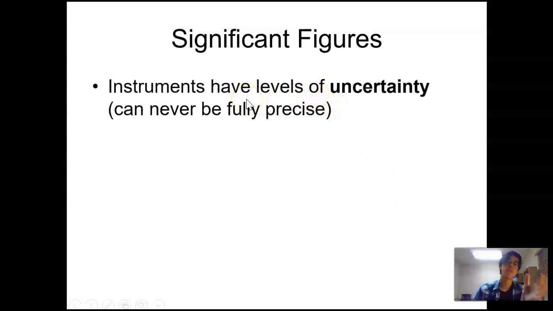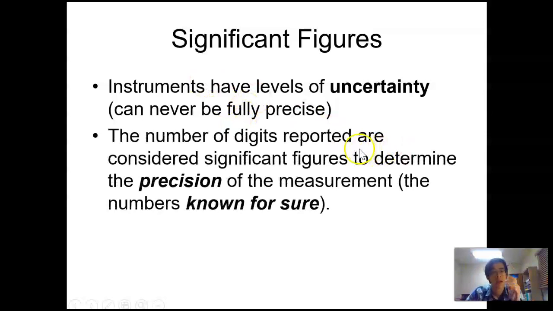Alright, so based on knowing what digits count as significant, meaning that this is more accurate, there are certain rules. But before that, let's just talk about significant figures in general, okay? Like I said before, instruments have levels of uncertainty. They can never be fully precise because there are gaps in between each hash mark, meaning that for any measurement missed or in between, you cannot really know the exact measurement. The number of digits reported are considered significant figures to determine the precision of the measurement.